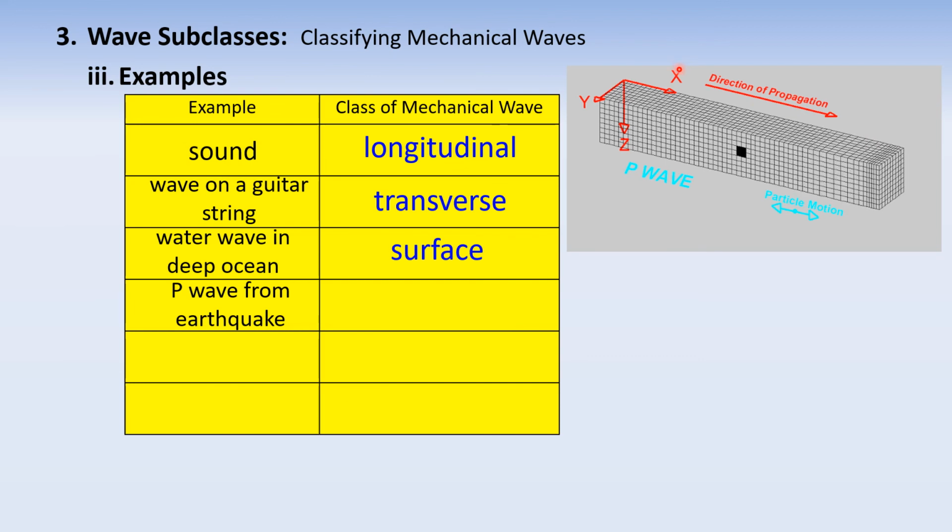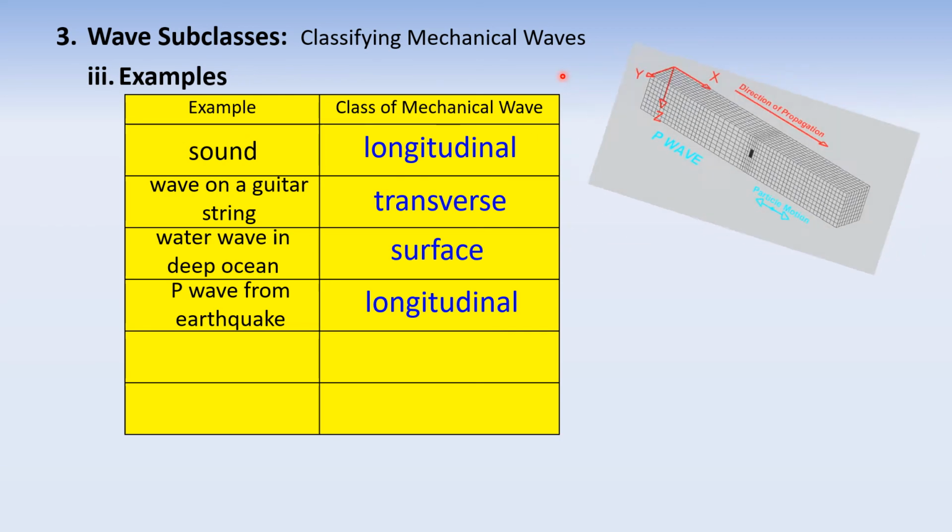Take a look at the direction of the medium displacement. When the wave is created, the medium moves both in the plus X and minus X direction. This makes P waves an example of longitudinal waves, where the medium moves both parallel and anti-parallel to the direction that the wave or energy travels.